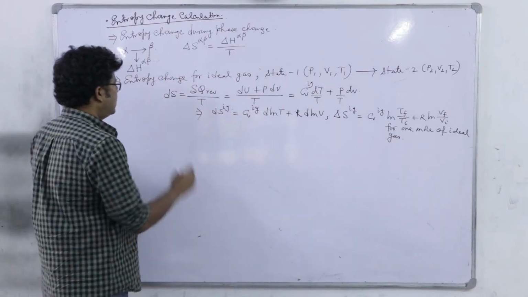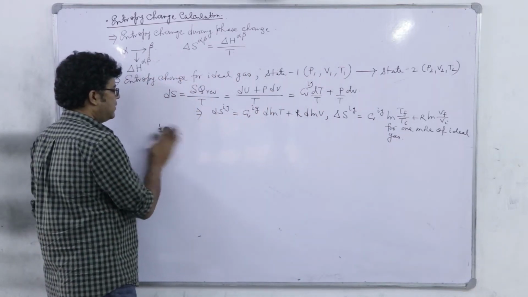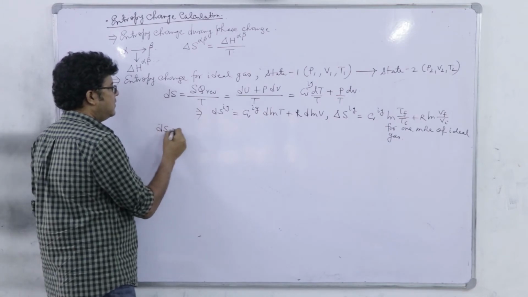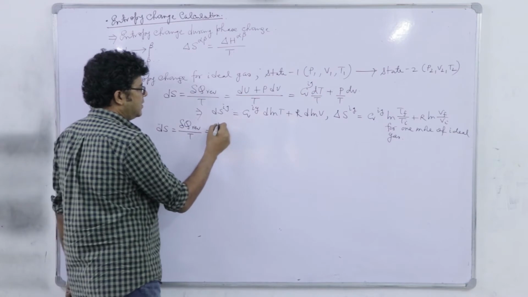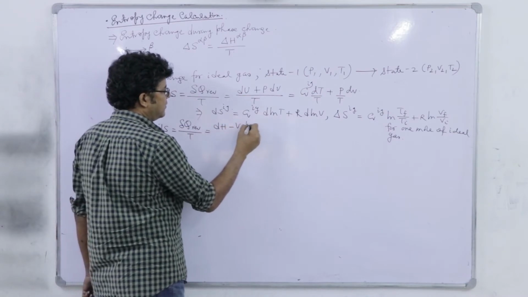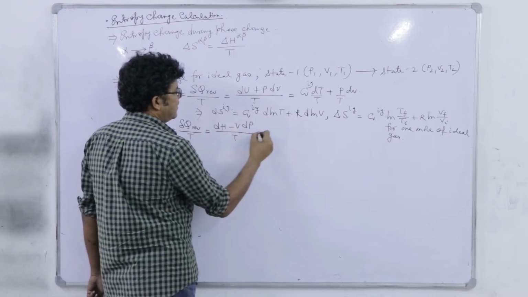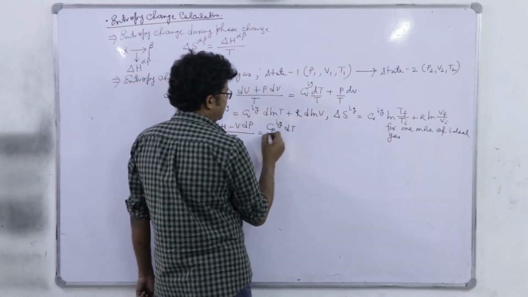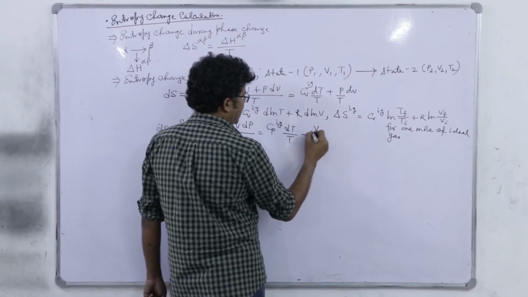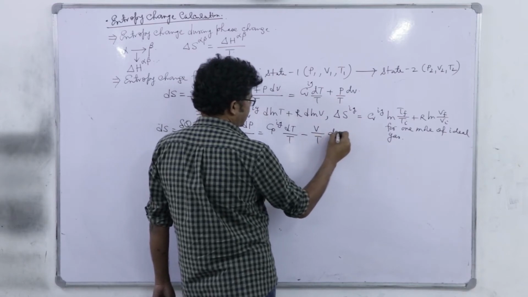Right. Now, alternatively, dS is equal to delta q reversible by T, which is equal to dH minus VdP by T. So that is Cp ig dT by T minus V by T dP.